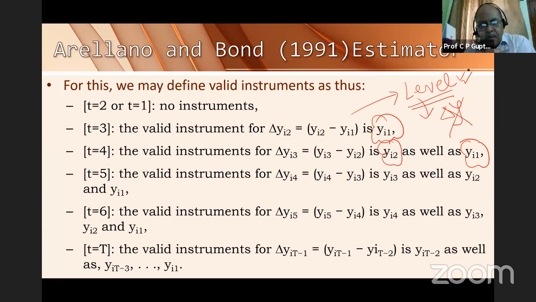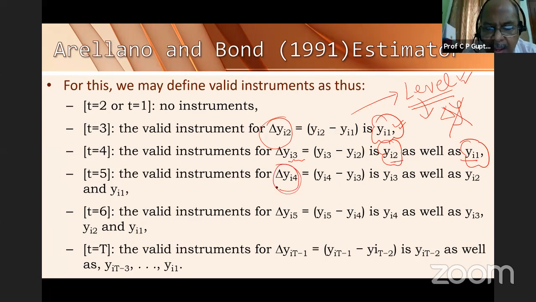Okay, so for the first two periods, we don't require any instrumental variables. For delta yi3, we use yi1. For delta yi4, two instrumental variables, yi2 as well as yi1.